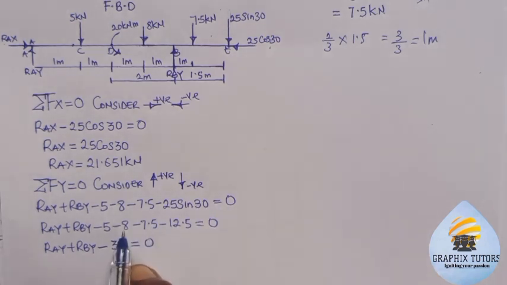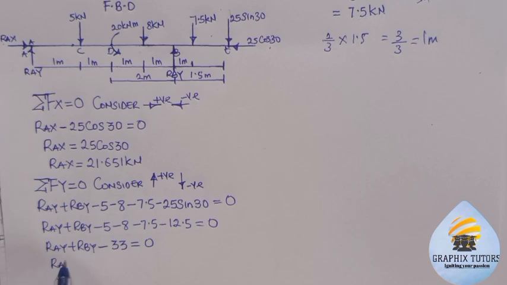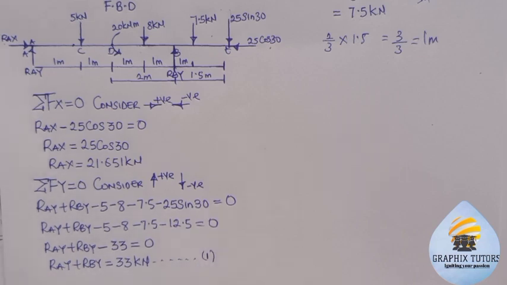Then 20 plus 8 will give us 28. 28 plus 5 will give us 33. So because they are all negative, I'm putting negative 33 here. So AY plus BY will be equal to 33 kilonewton. I will term that my Equation 1. You can see that?